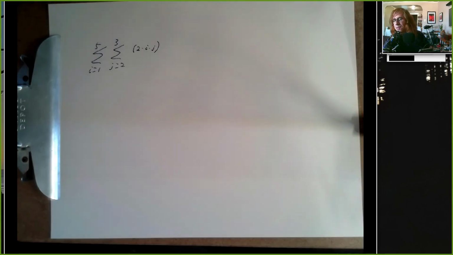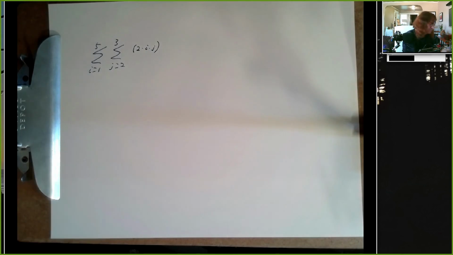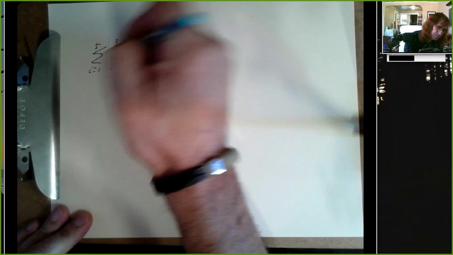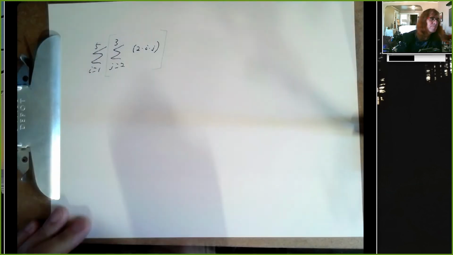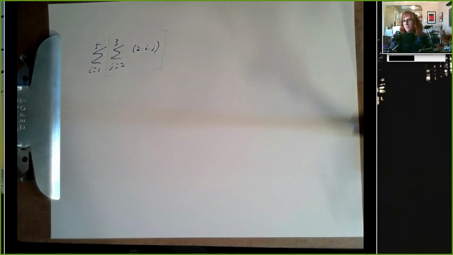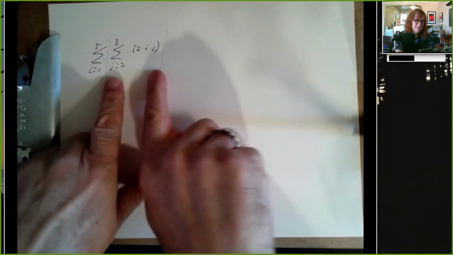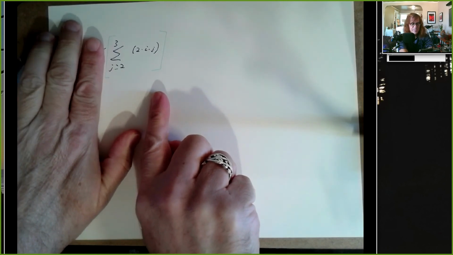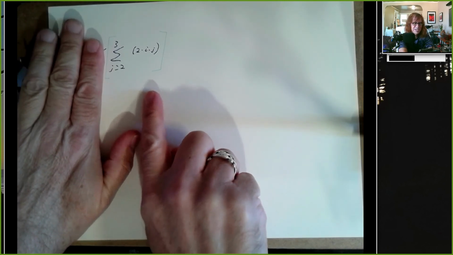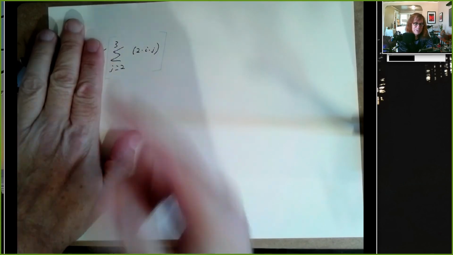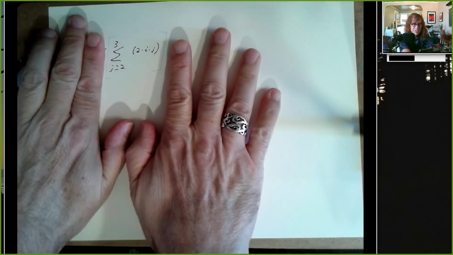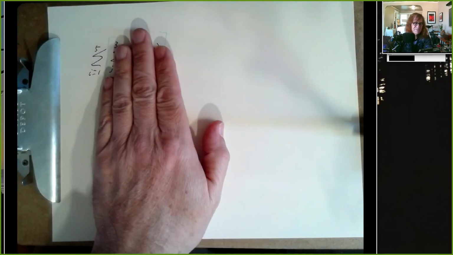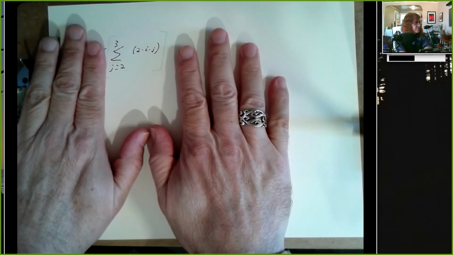One way to think about this without panicking is, for a moment, think of this inner part as something by itself. Start from the inside and figure out what this is equal to, and once you know what that's equal to, replace this expression with that thing, and now just do the sum from i equals 1 to 5 of whatever you found this was equal to.